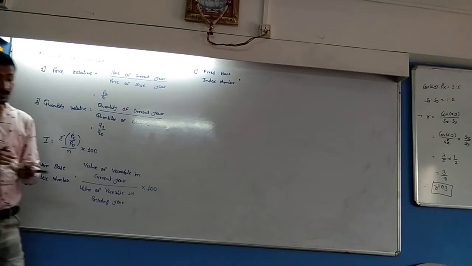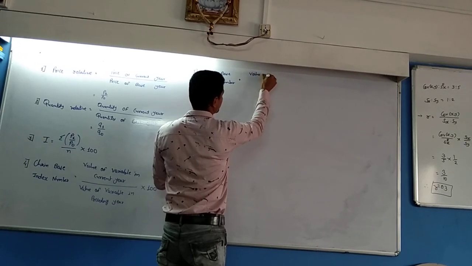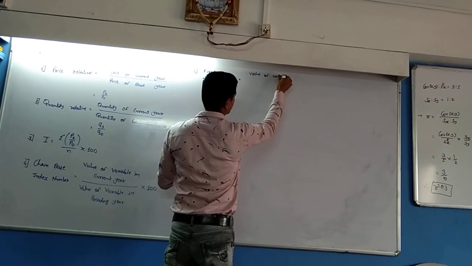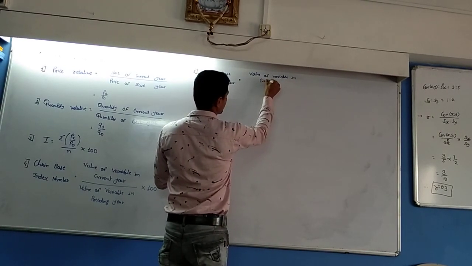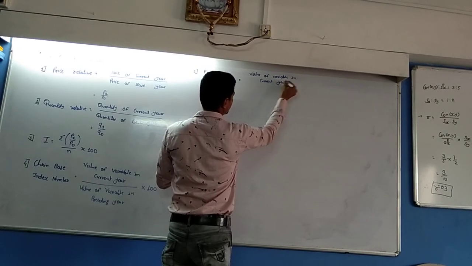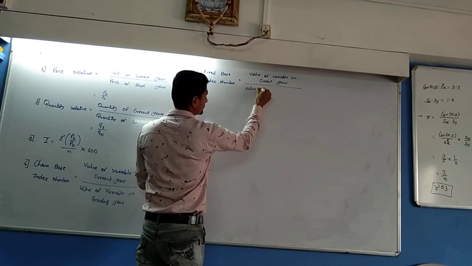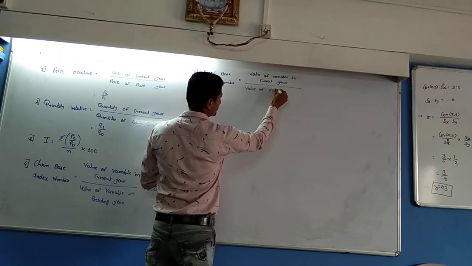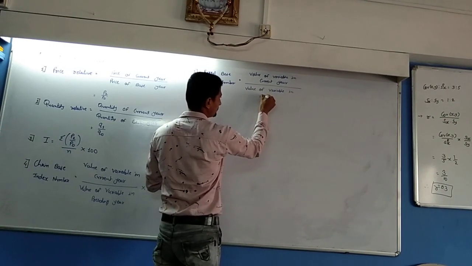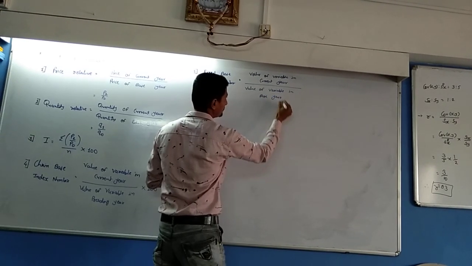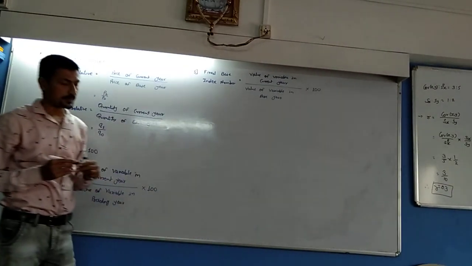Value variable in current year divided by value variable in base year, multiply by 100.